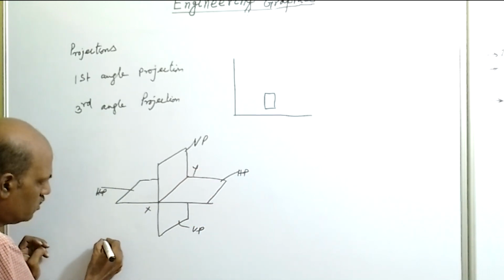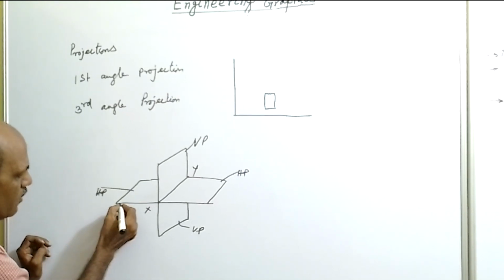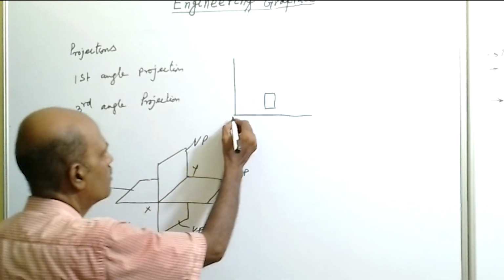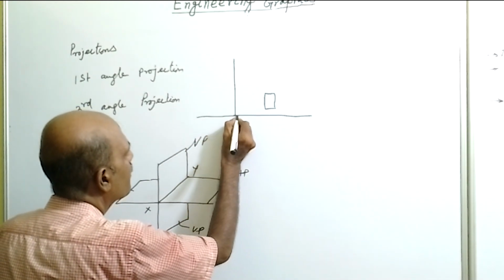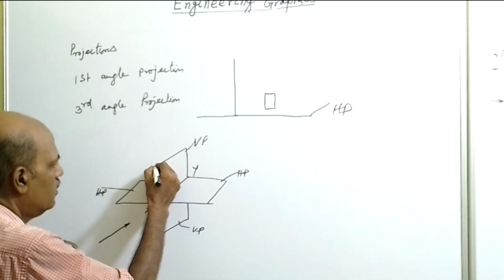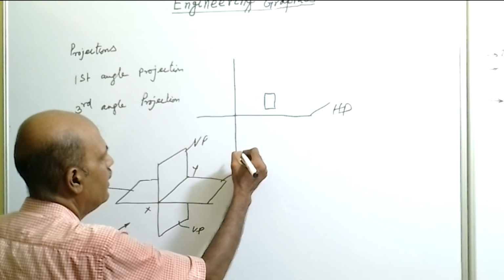Now if we look from this direction, what will you see? We will see this plane as a line. So this is the HP, and this vertical plane will be viewed as a line.